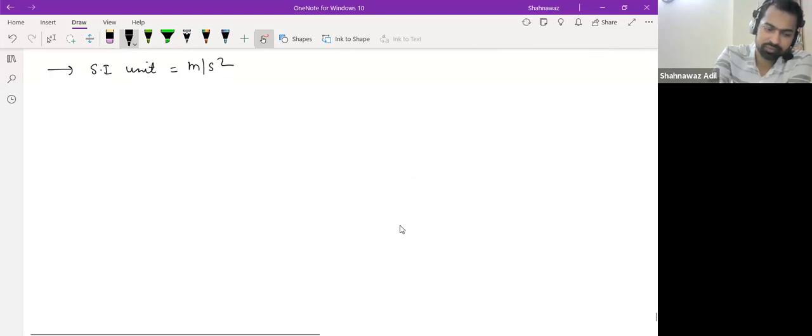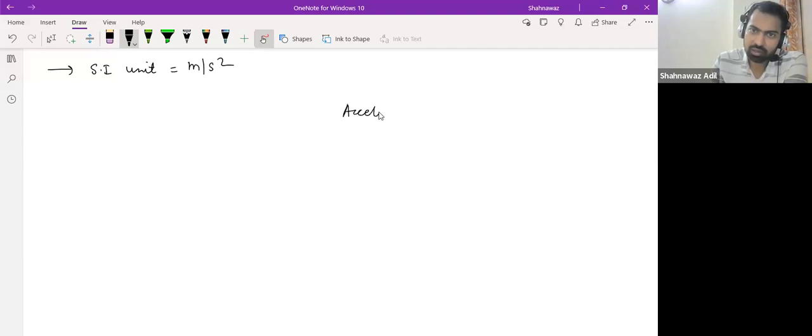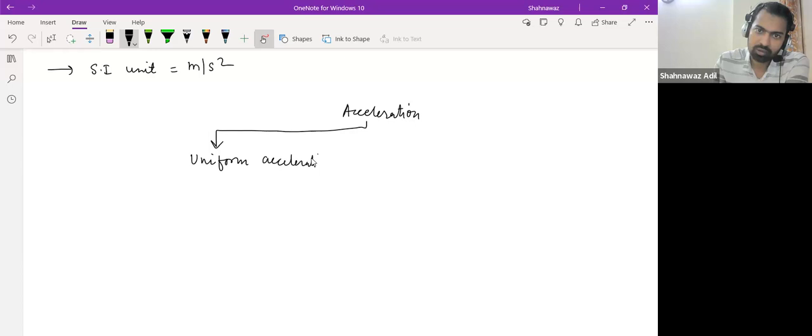Again, we have the same diagram. So acceleration is also of two types. One is uniform acceleration, and then we have non-uniform acceleration.